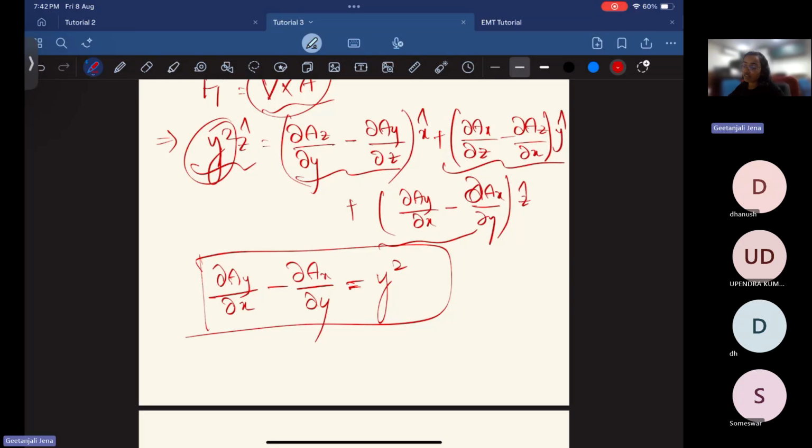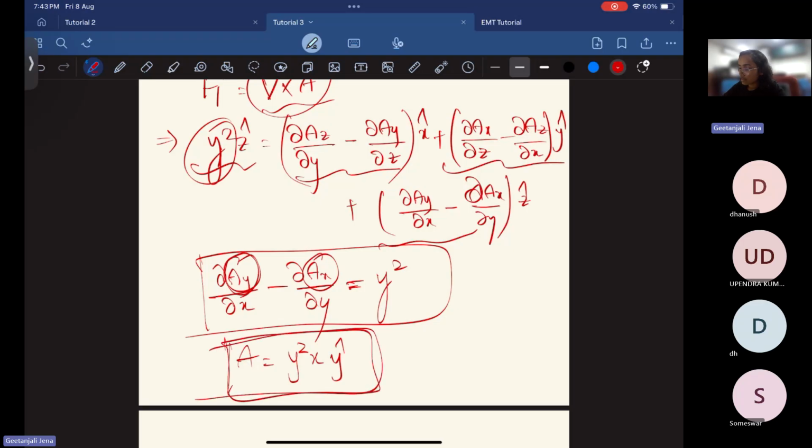It is giving y square. So if we say that A is y square x y cap, this will give a y square value, and this part is zero because it doesn't have any x component. So this is one of the simplest vector potentials that you can guess.